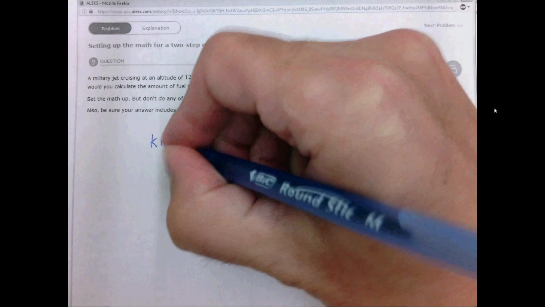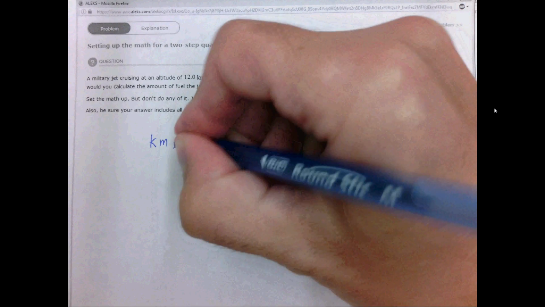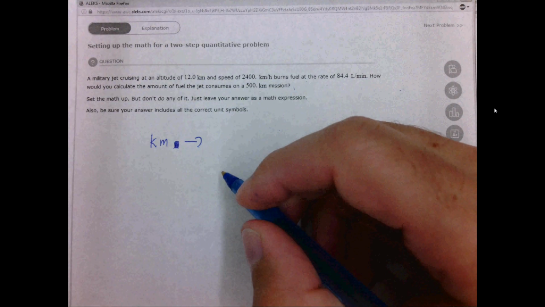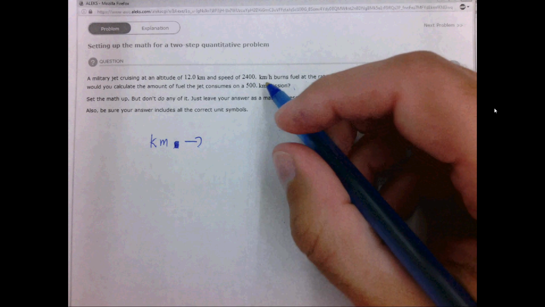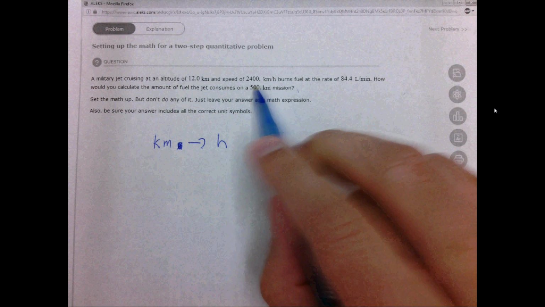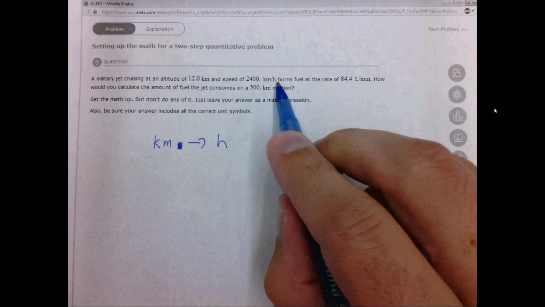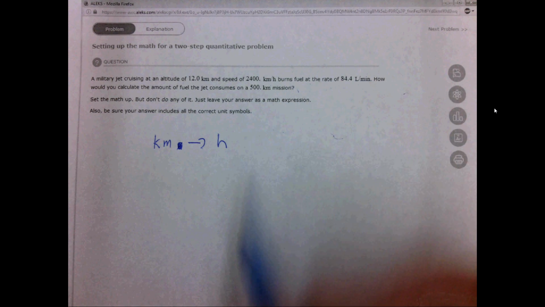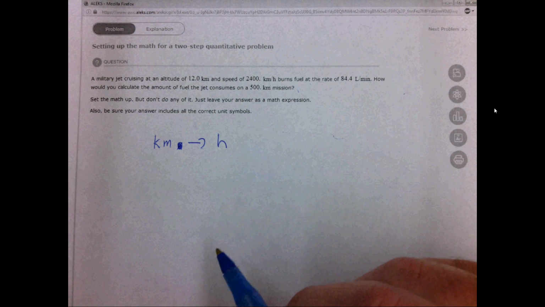In order to find out how much fuel it burned, we want to convert kilometers. So I'm essentially setting up a plan of attack here. We want to convert kilometers to hours because we know how fast it travels, 2,400 kilometers per hour. So we can figure out how many hours it traveled to go 500 kilometers. Obviously, it's going to be less than 1 hour.